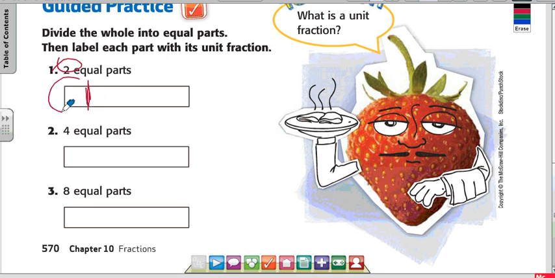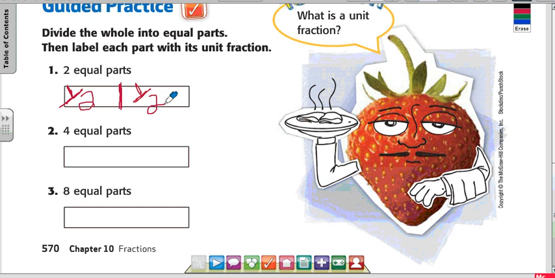No, this is too small. Make sure they're equal, as best as you can. So right here, about half. And the fraction on this side is 1 over, right? The denominator tells you how many parts there are. How many parts are there? 2. That's the number at the bottom.